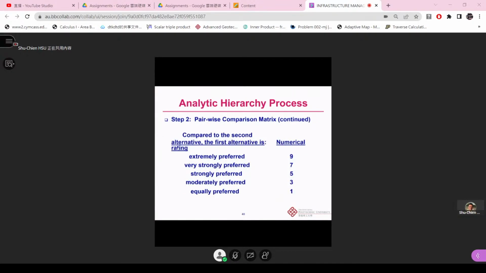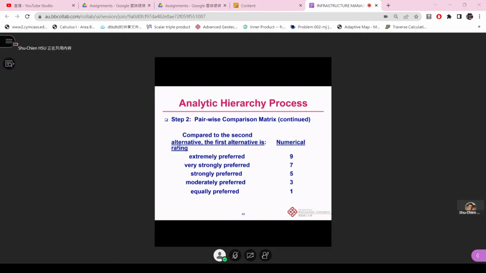We can have the pairwise comparison matrix. And remember, for this kind of comparison we put in numerical weightings: compared to the second alternative, if the first alternative is rated extremely preferred, we put 9; very strongly preferred, 7; strongly preferred, 5; moderately preferred, 3; or equally preferred, we put in 1. So this is not an absolute weighting.